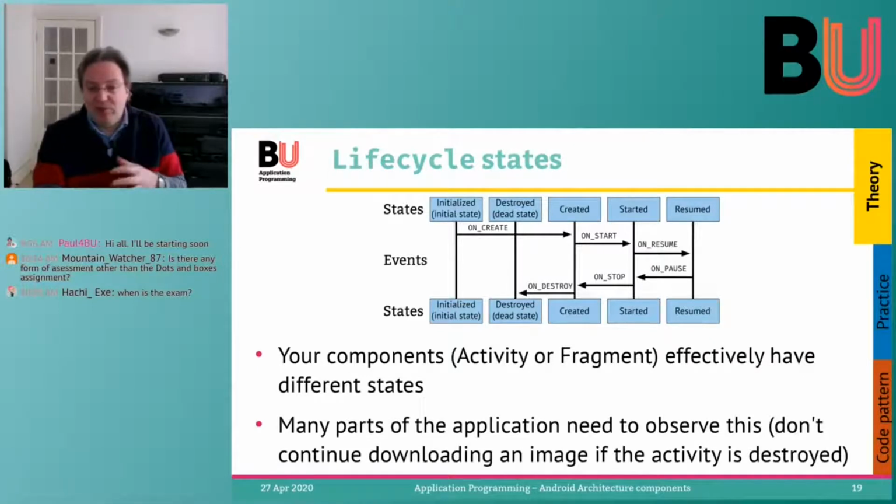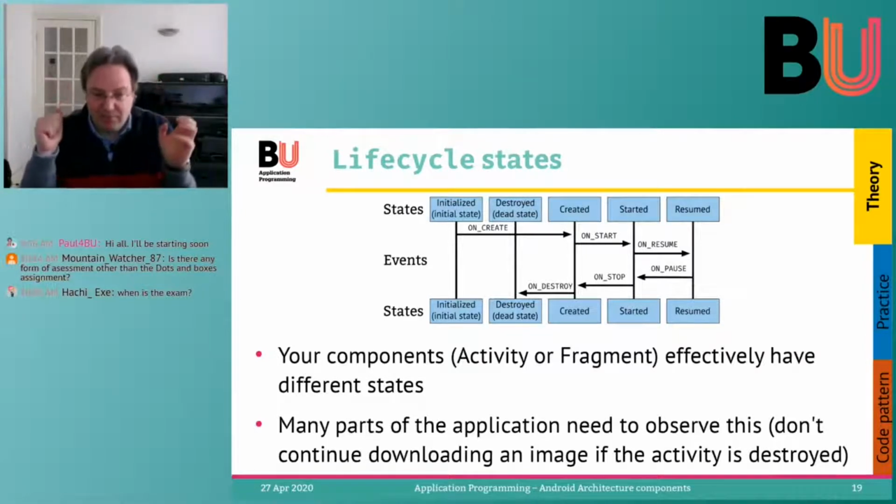This is where you initialize your objects and make sure that you have a layout to display. When it's created, it is not visible. onStart is when your activity becomes visible, but it's not active.